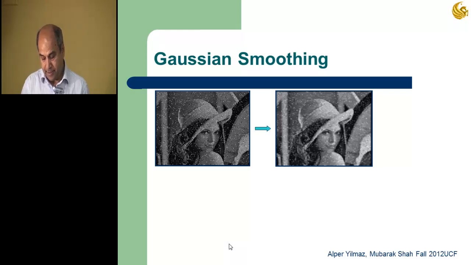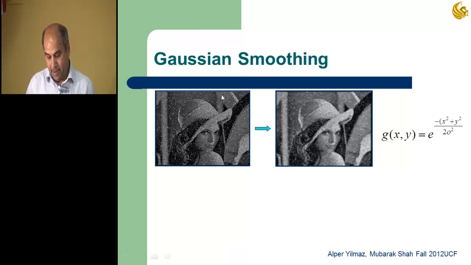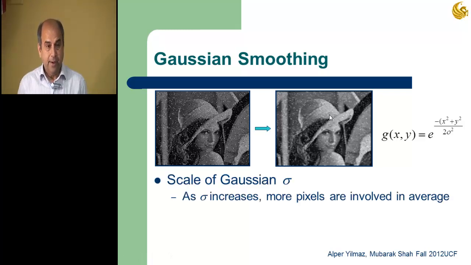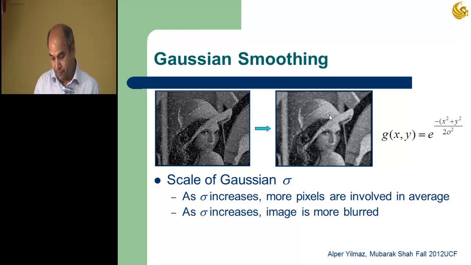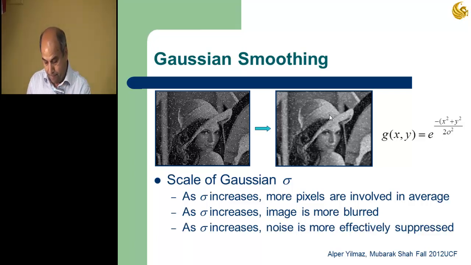Here is an example where we apply a Gaussian filter, and this looks better because we have suppressed the noise. Then, as we talked about, the question is what should be the standard deviation of the Gaussian. If it increases, then the image is blurred, and of course if the noise is more, then we want to apply a higher value of sigma.